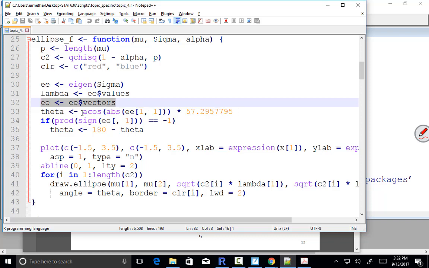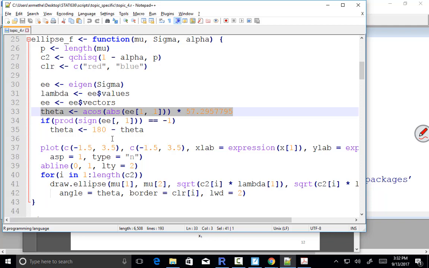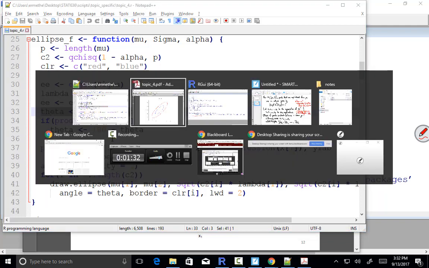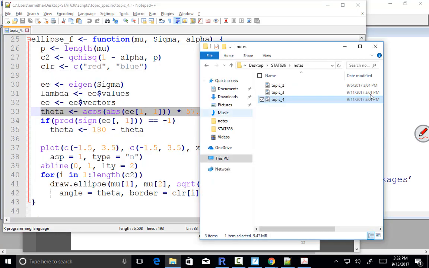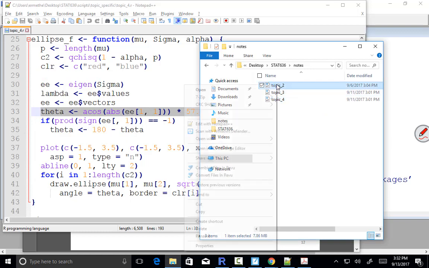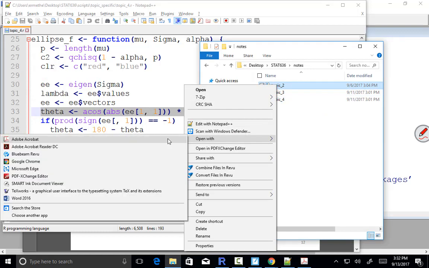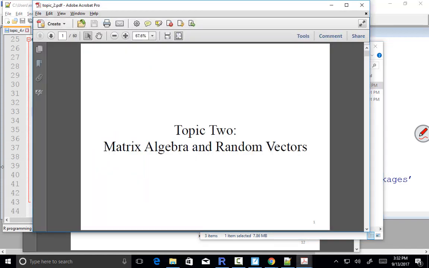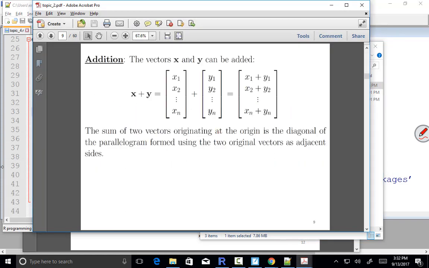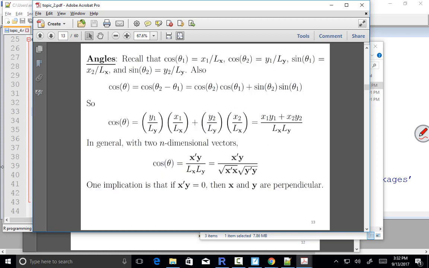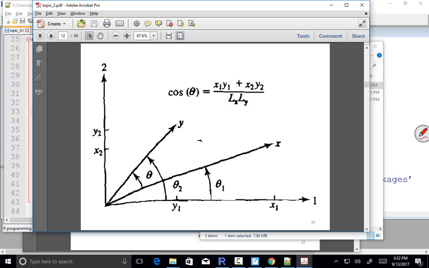Where in the world did this come from? It is an application of something we saw in topic 2 very briefly. Here's a picture of two vectors. You have the x-axis, y-axis, and then you have the longer directed line segment called x, and the shorter one called y.